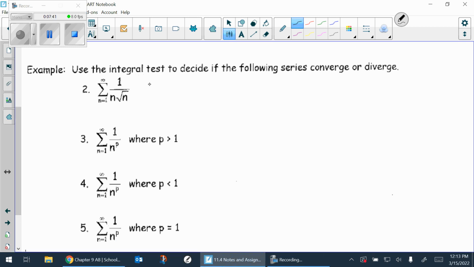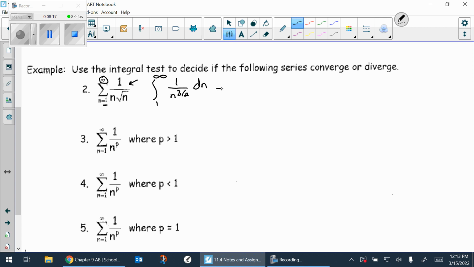Okay, this series. What I'm going to do is take the integral, starting at n being 1, ending when n is infinity. Let's very temporarily write this as 1 over n to the 3 halves dn.